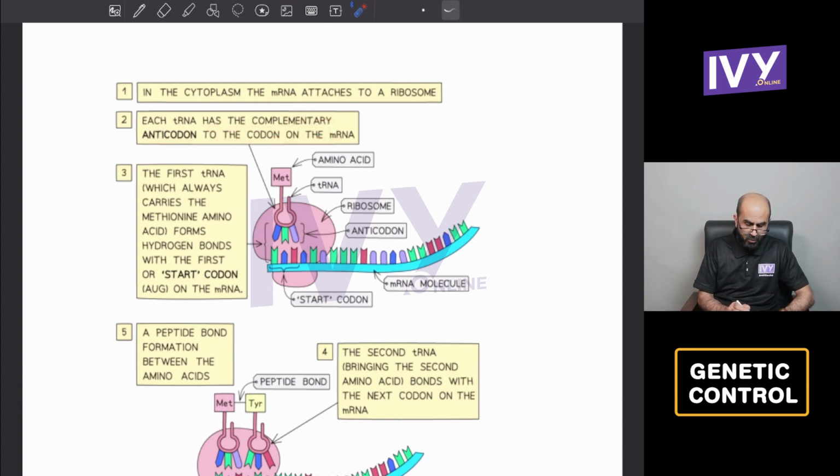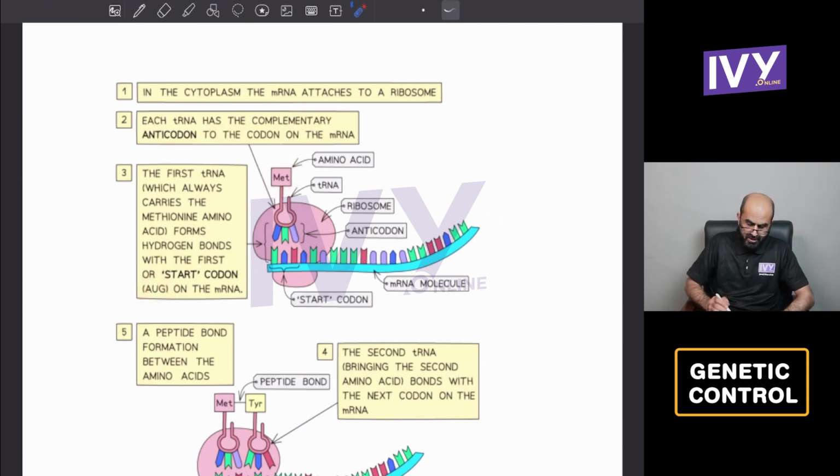The first tRNA, which always carries the methionine amino acid, forms hydrogen bonds with the first or start codon AUG on the messenger RNA. Keep in mind that each messenger RNA has its first codon as AUG, the start codon of each gene. And of course, the amino acid methionine will follow the anticodon, which is the UAC. So UAC is the anticodon, AUG is the codon, and the amino acid is the methionine.